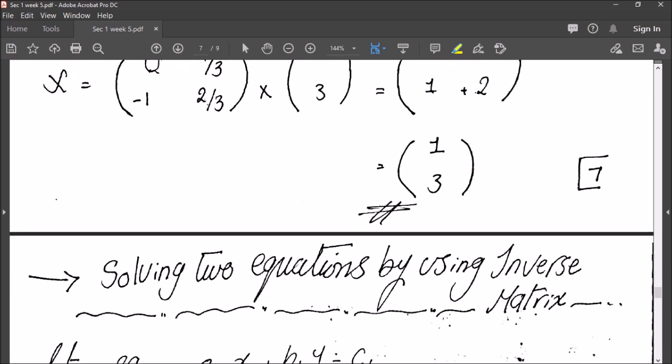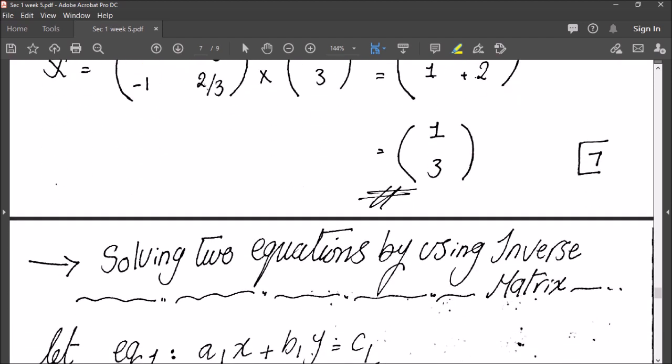Let's move on. Our last topic in this lesson is solving two equations by using inverse matrix.